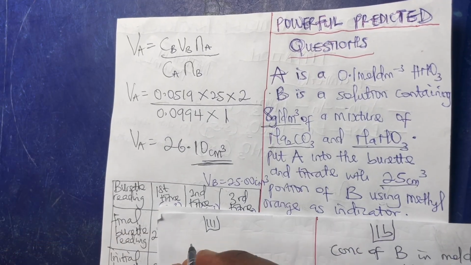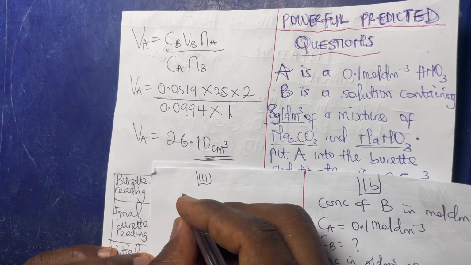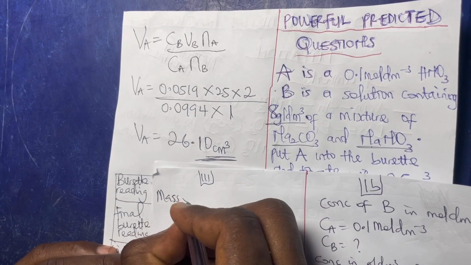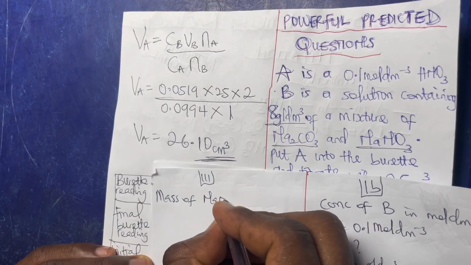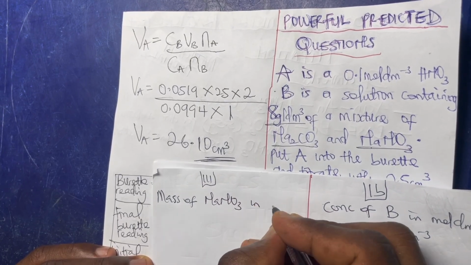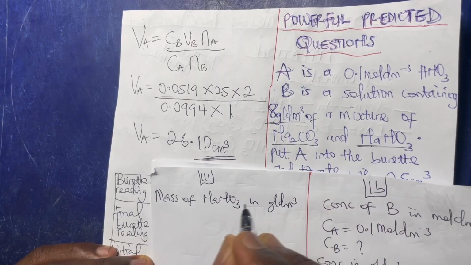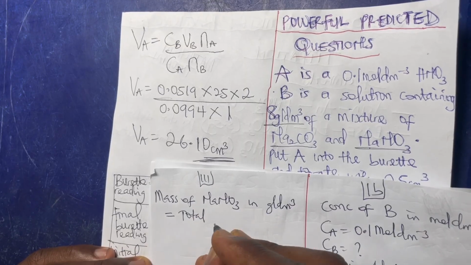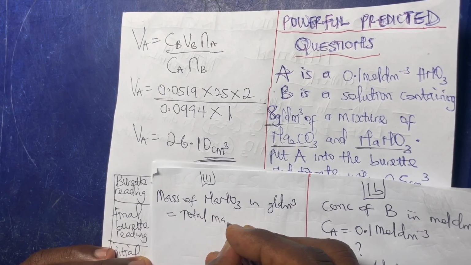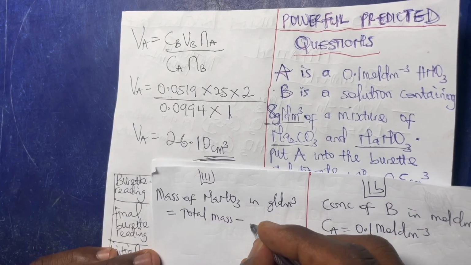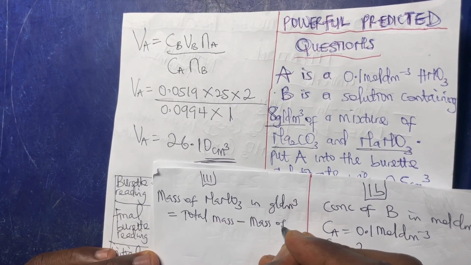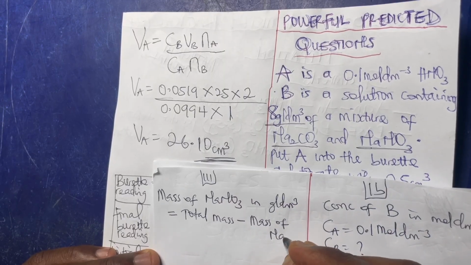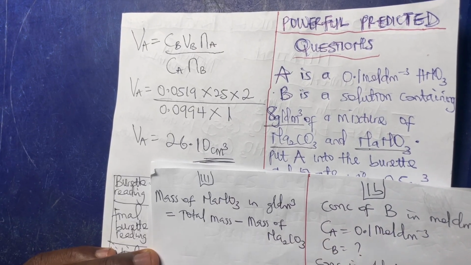So for here now, the mass of NaNO3 in gram per dm cube will be the total mass minus the mass of Na2CO3. Hope you get what I'm saying.